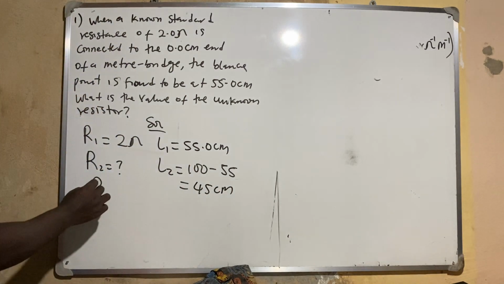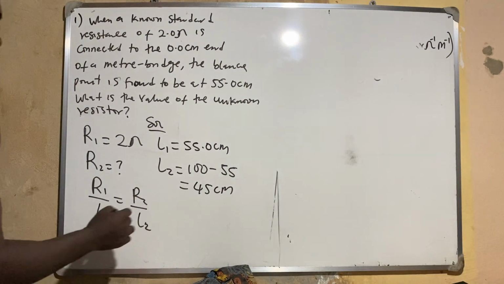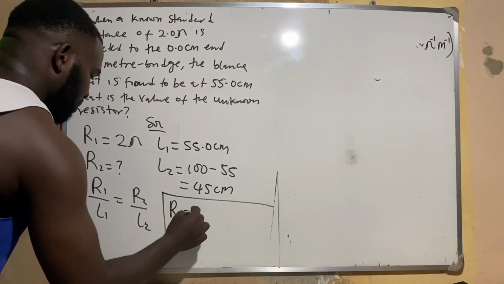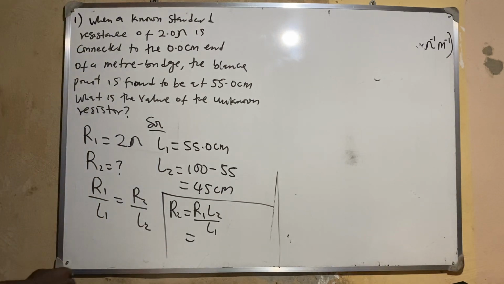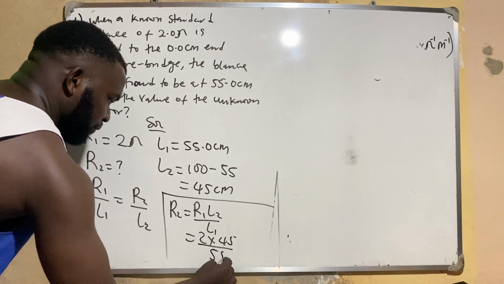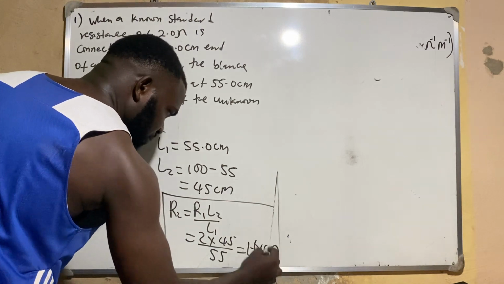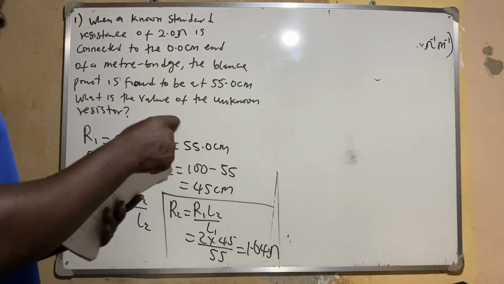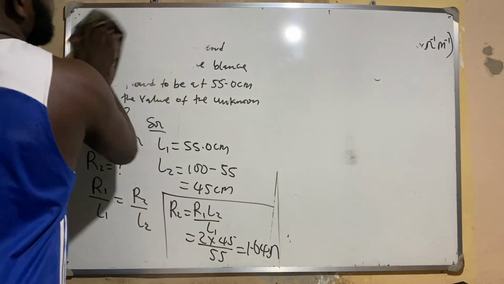R1 over L1 is equal to R2 over L2, so R2 is R1 times L2 over L1, which is 2 times 45 divided by 55, giving 1.64 ohms. This is the resistance of the unknown.